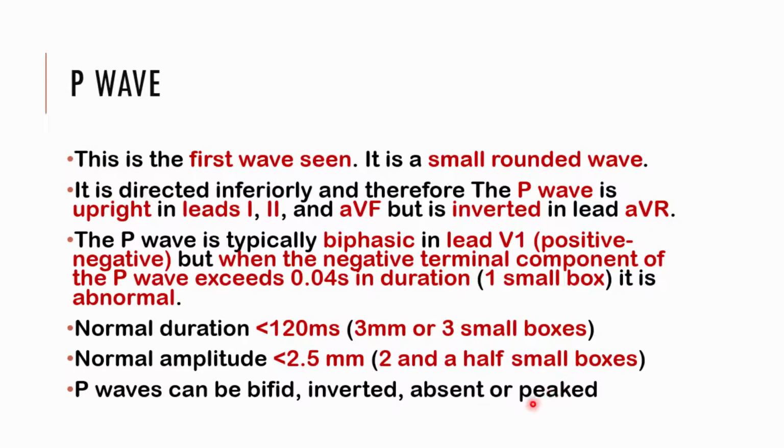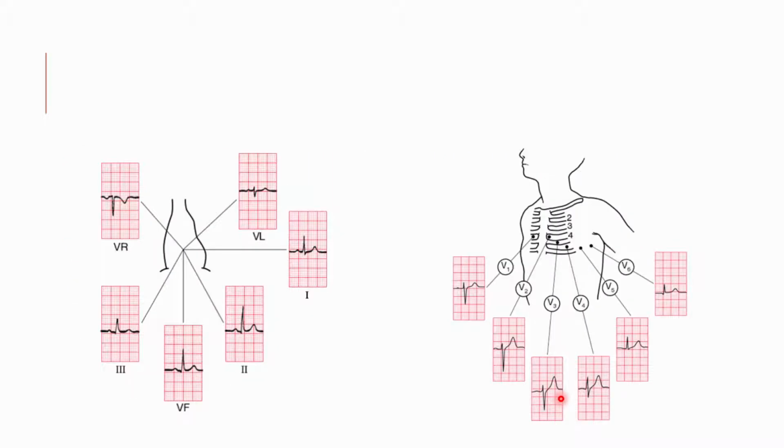Sometimes the P waves could be peaked, and we shall link each of these ECG findings to a specific pathology, such that if you see this on the ECG, then it could be, like for example, mitral stenosis, it could be pulmonary embolism.